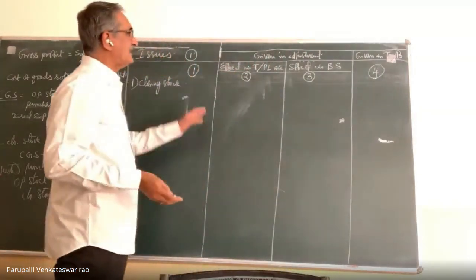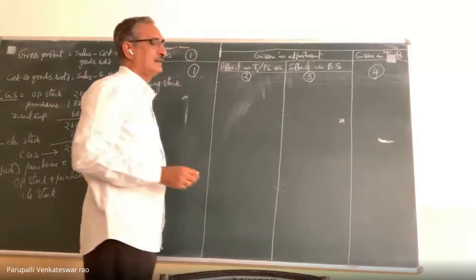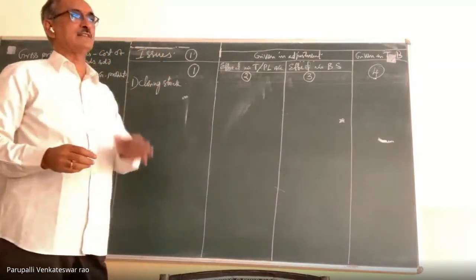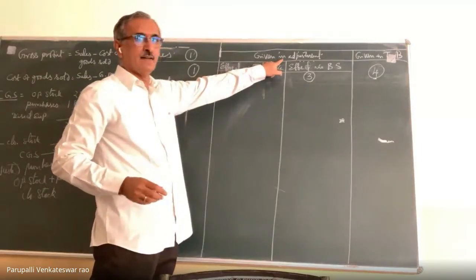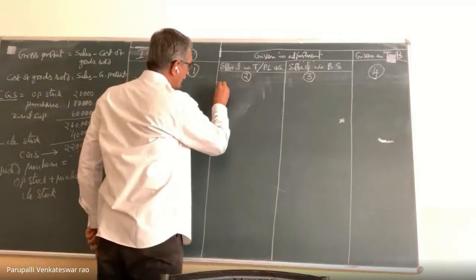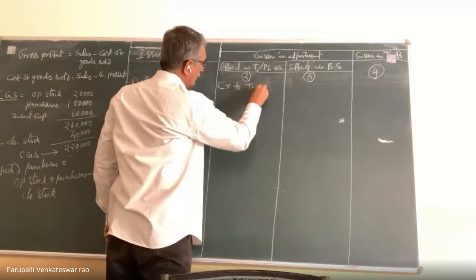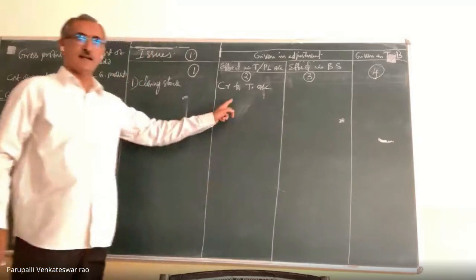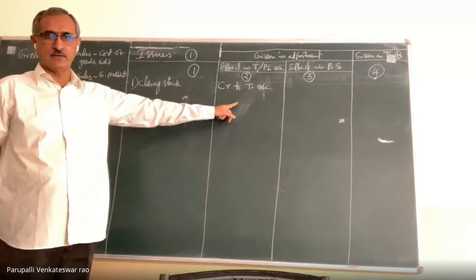What to do if it is given in adjustments? Tell me, commerce students, common sense. We place it on the credit side. If it is given in adjustments, credit to trading account.